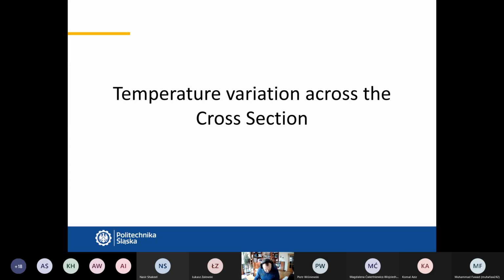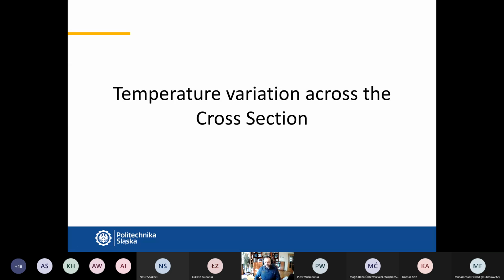Okay, we can continue. The second kind of variation of temperature. This is the variation across the section. You hear me, yes? Yes. Okay.